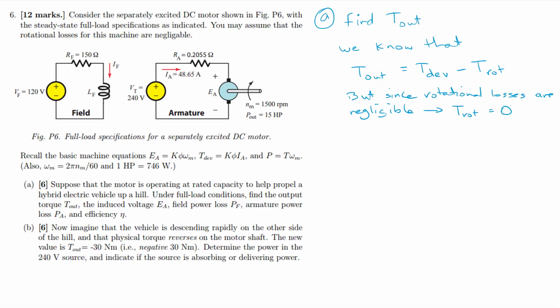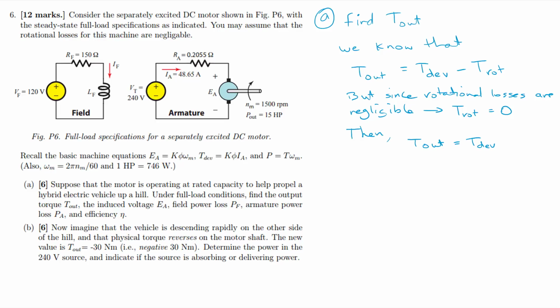T rotational is 0. So T out is equal to T developed. The torque output is equal to the torque developed. We can also say, as an aside, that P out is equal to P developed. Normally we subtract the power from the rotational losses, but in this case this is also going to be true.